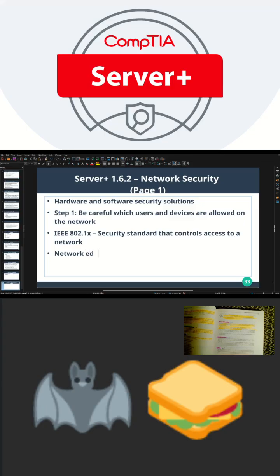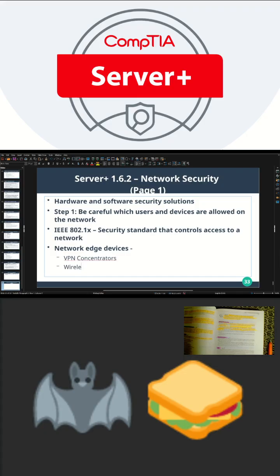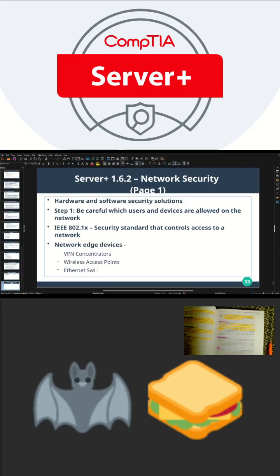Network edge devices such as VPN concentrators, wireless access points, and Ethernet switches, etc.